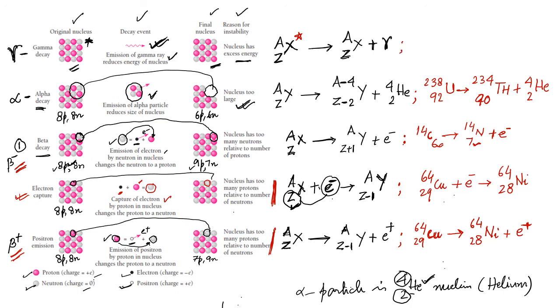For example, we have strontium 87, 38. This is going to have an excited state, and then it comes to strontium 87, 38, and we have a gamma coming out of the system.